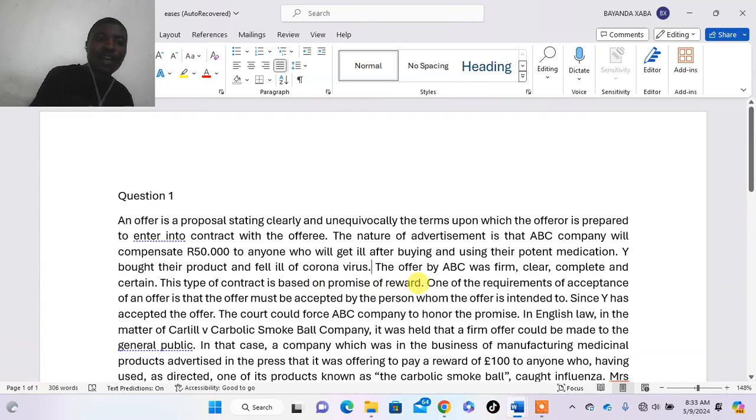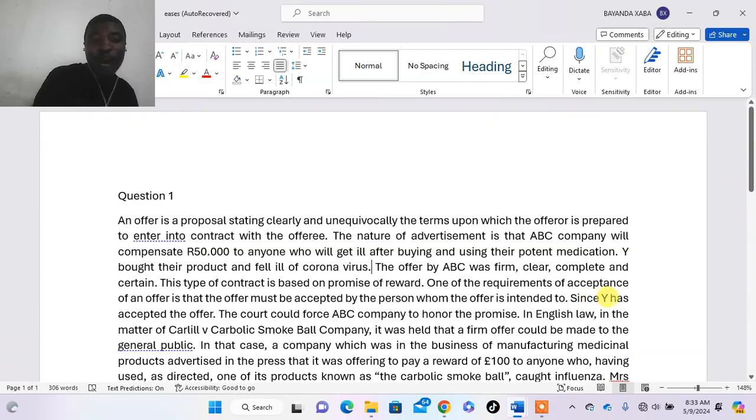Then you state one, or you can state two, requirements of the acceptance of the offer. Here I stated one. One of the requirements of acceptance of an offer is that the offer must be accepted by the person to whom the offer is intended.